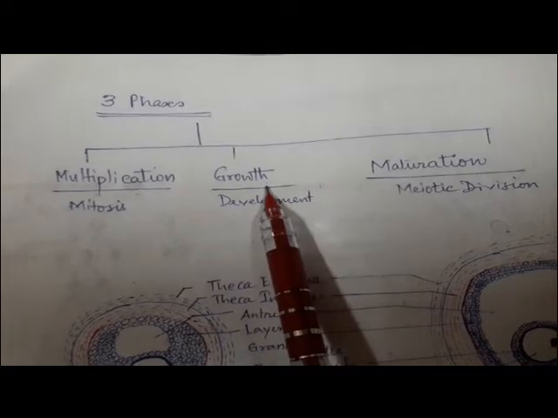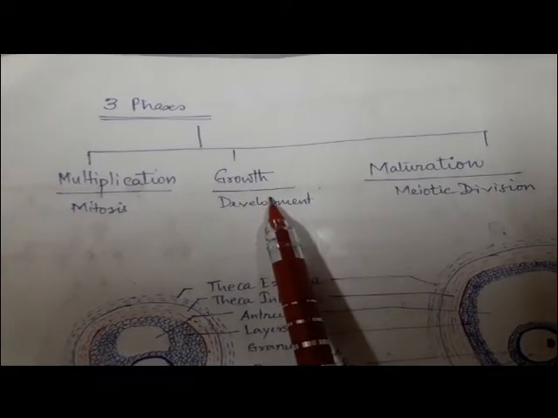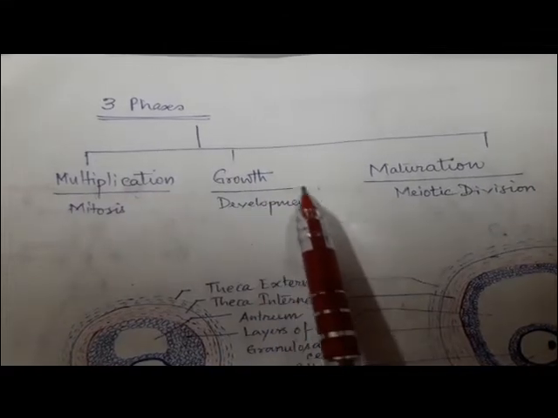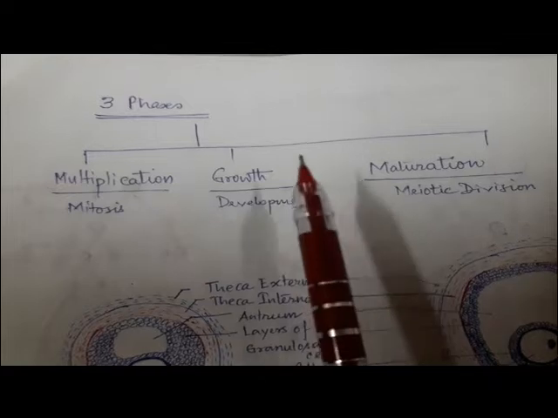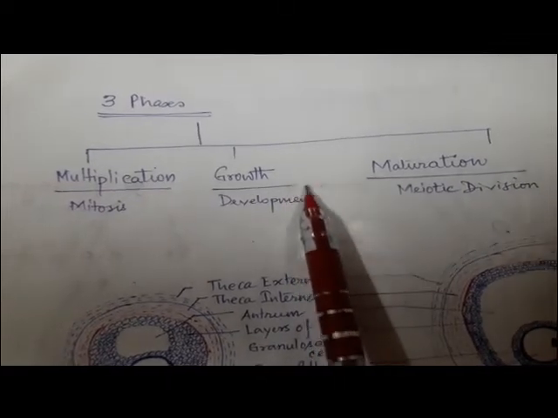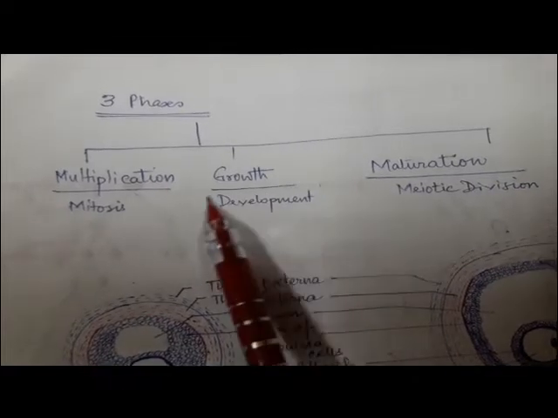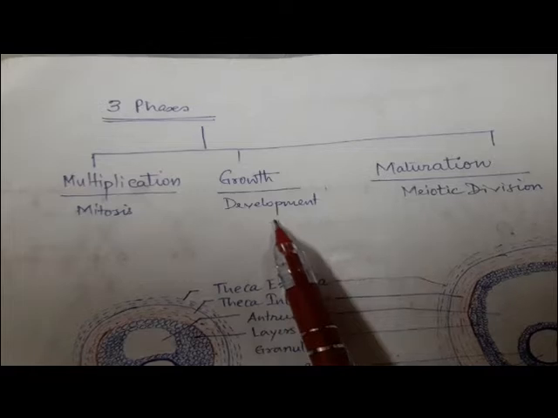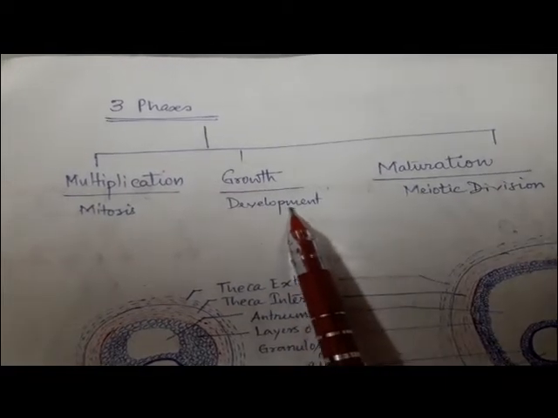And then it becomes a functional primary oocyte, and the covering follicular cells provide nourishment to the oocyte, right? There is also a glycoproteinous membrane around the primary oocyte and follicular cells, and that is called the Zona pellucida. We'll also see the structure simultaneously.